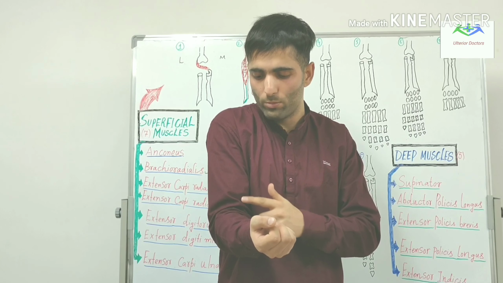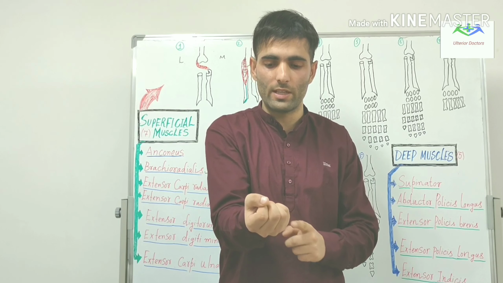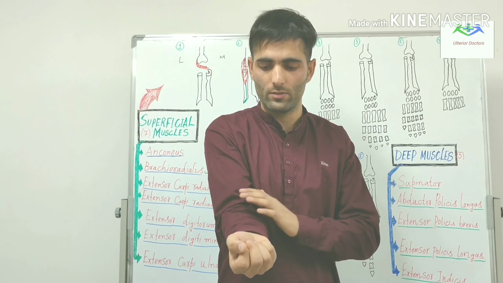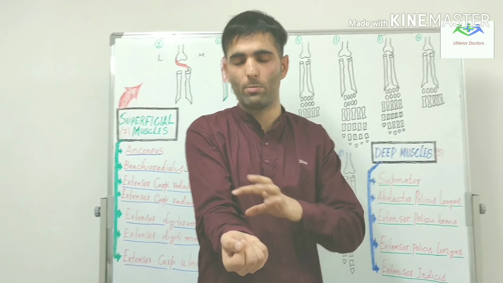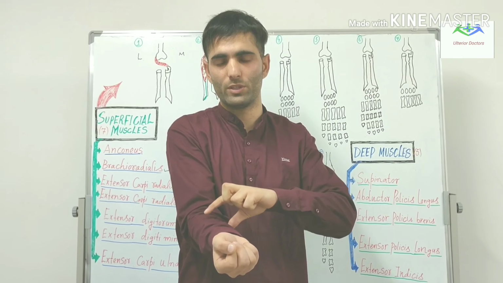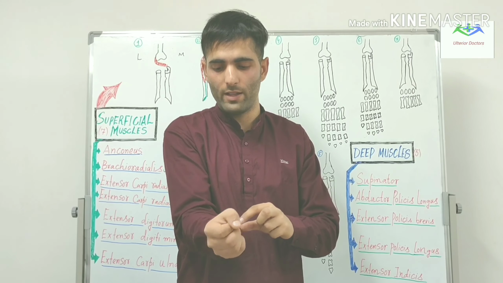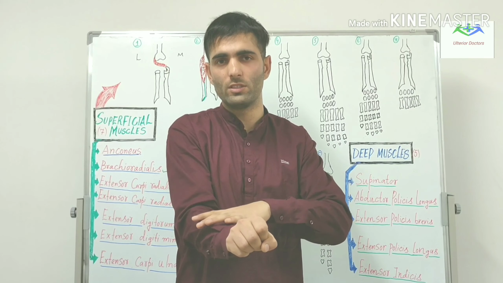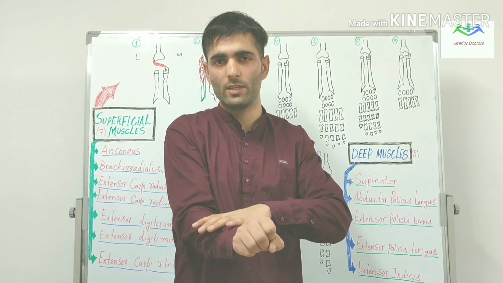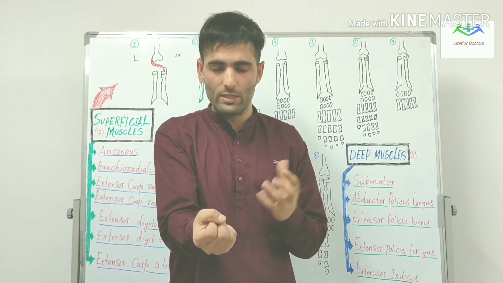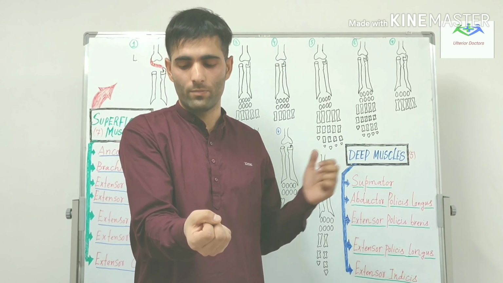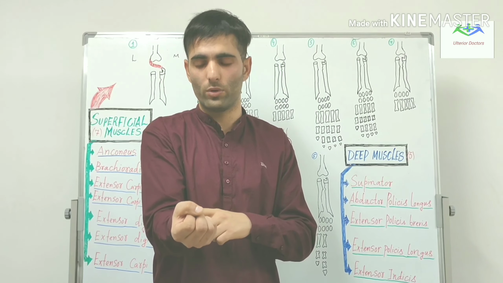In the mid-prone position, it helps in the supination, like this. When the radius and ulna are parallel to each other, that means supination. And when these two bones cross each other, that's called pronation. That means this muscle helps in the supination as well as pronation.